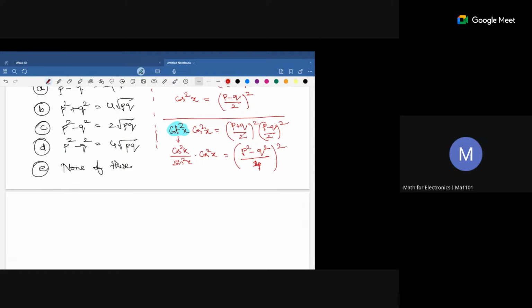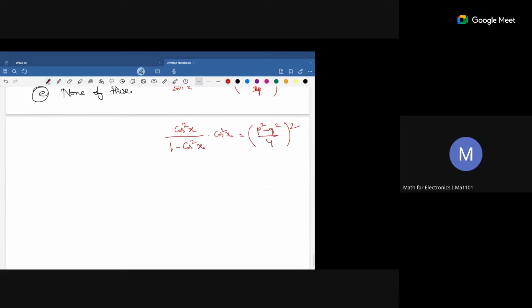Now I can further simplify this. What is sine square? It is 1 minus cos square x. So this is (1 minus cos square x) into cos square x, which equals ((p square minus q square) by 4) whole square.